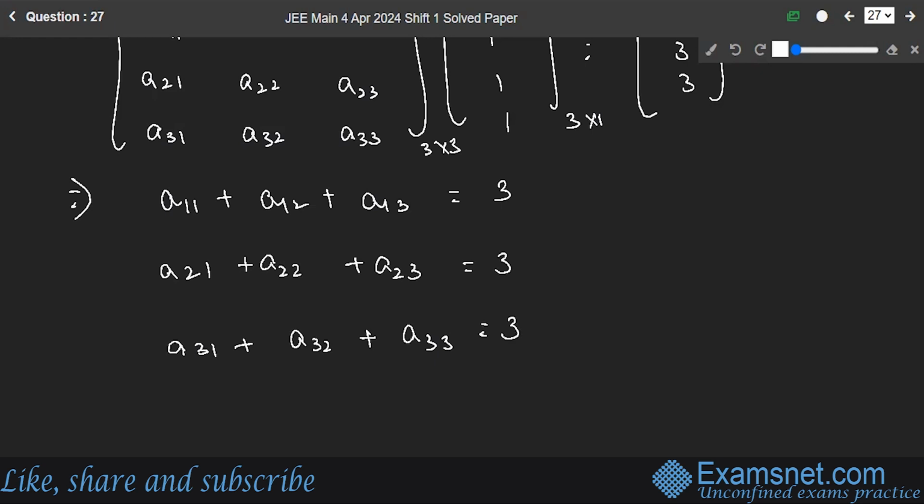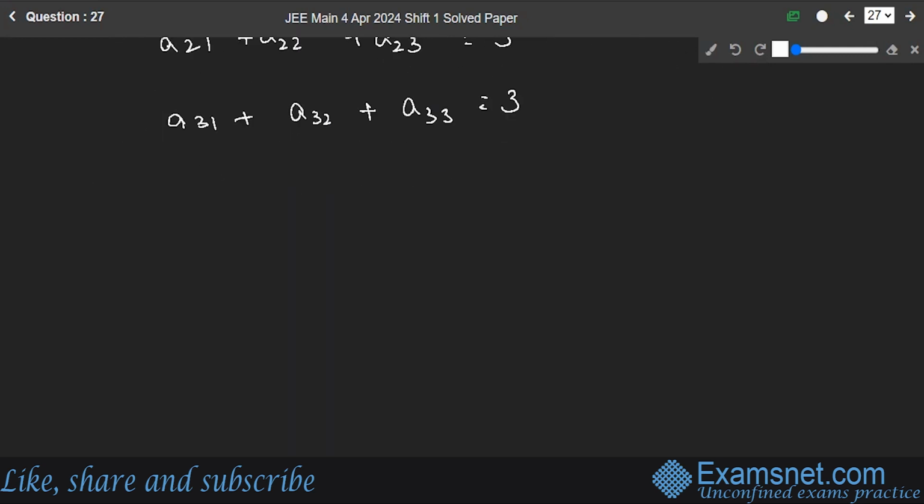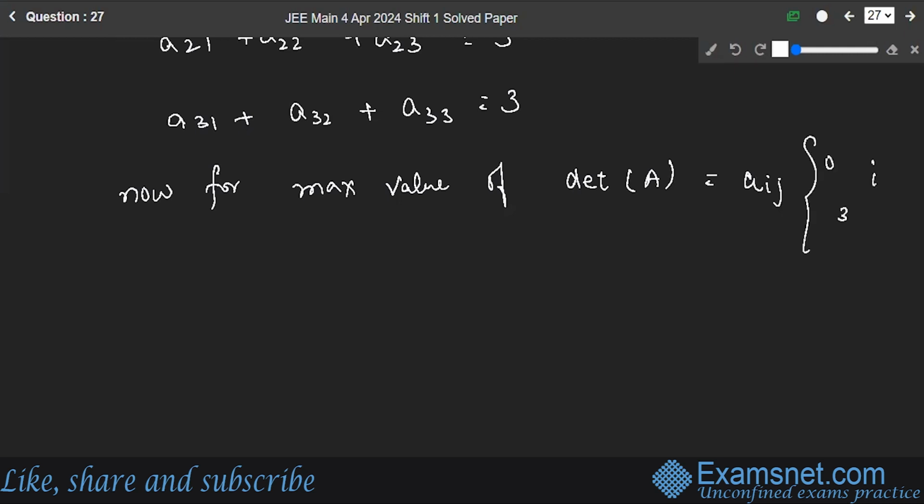Now for the maximum value of determinant of A, aij is 0 when i is not equal to j, and this is equal to 3 when i is equal to j. Correct. So that means this matrix will be 3, 0, 0, 0, 3, 0, 0, 0, 3.